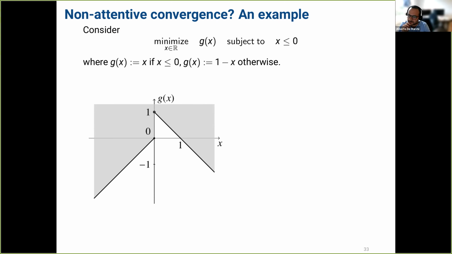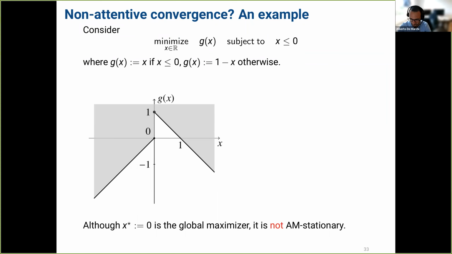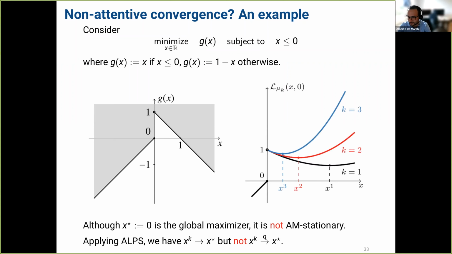There is no function f, and we have the function g described in this piecewise way. In gray in the picture you see the epigraph, and the point x equals 0 is the global maximizer in the feasible set x less or equal to 0, but it is not M-stationary and not even asymptotically M-stationary, yet it is what we get if we apply our augmented Lagrangian scheme.